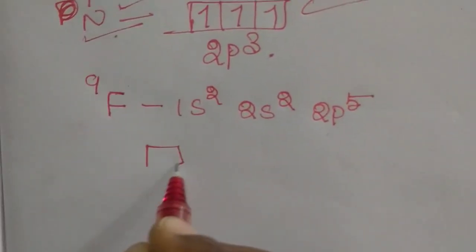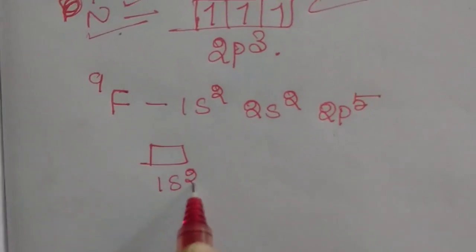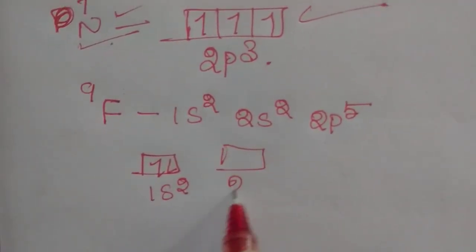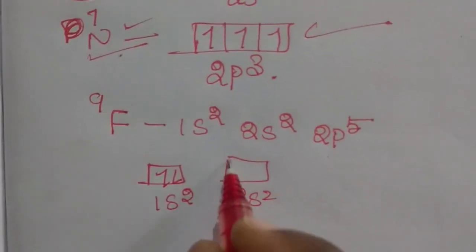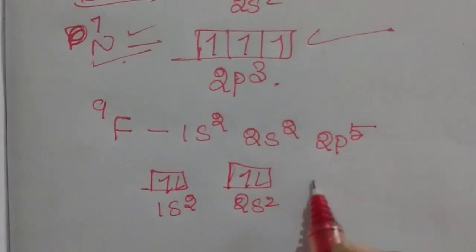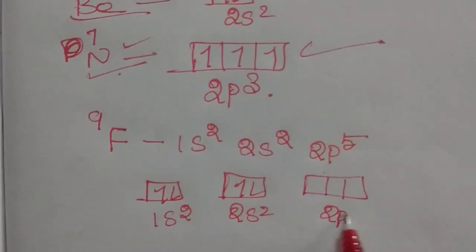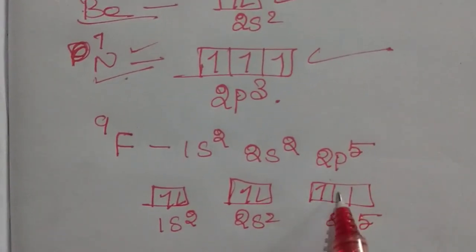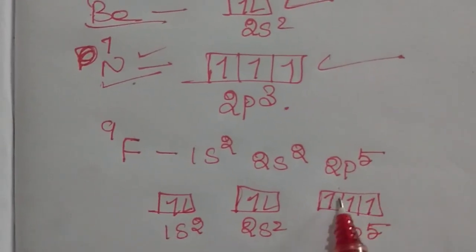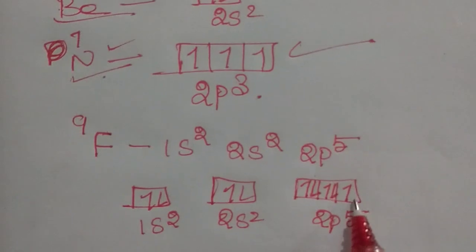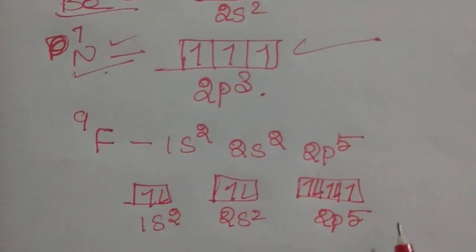Write the box electronic configuration: 1s2, 1, 2. Then 2s2, 1, 2. Then what is the next one? 2p5, 1, 2, 3, 4, 5. They have only one vacant place to fill an electron.